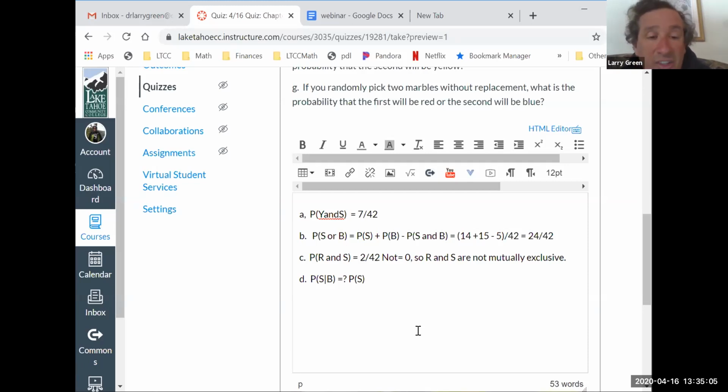Okay, so let's do spotted, given blue. Well, of the blues, there were 5 that were spotted. Well, there were 15 blues. So the probability of spotted given blue is going to be the number of spotted that are blue divided by the number of blues.